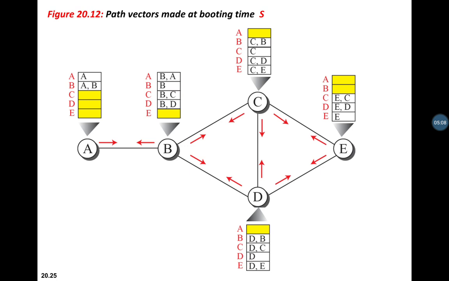Each node, after creation of the initial path vector, sends it, you can see the arrows here, to all the immediate neighbors, and each node receives the path vector from the neighbor and updates its path vector.